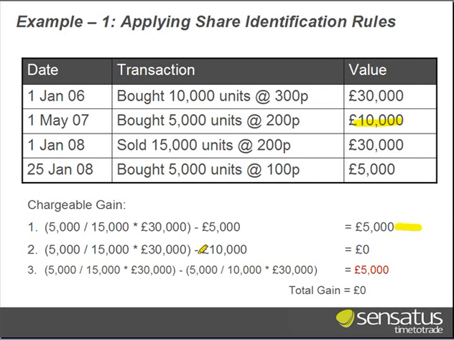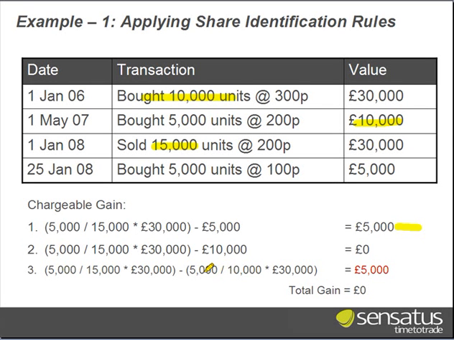And lastly, 5,000 units out of the 10,000 units bought on the 1st of January are matched with the remaining 5,000 units from the 1st of January 08. So we have 5,000 over 15 by 30,000, so a third of the disposal proceeds, take away a half of the cost of the original shares.